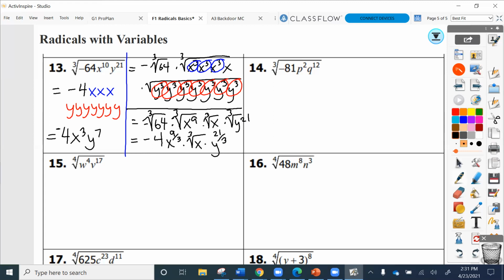So you have to set it up so that you've got cube roots together, or things that will give you 3 x's. So your final answer here, like I said before, is negative 4x cubed y to the 7th, and then we just have to leave this alone because we don't have 3 x's. We forgot that on this answer.